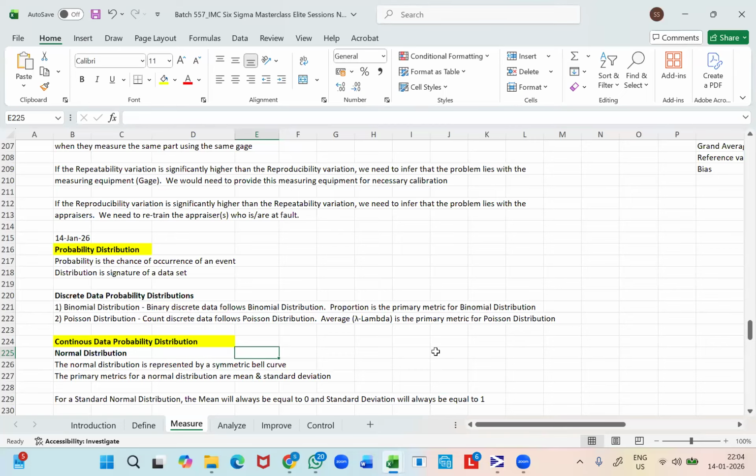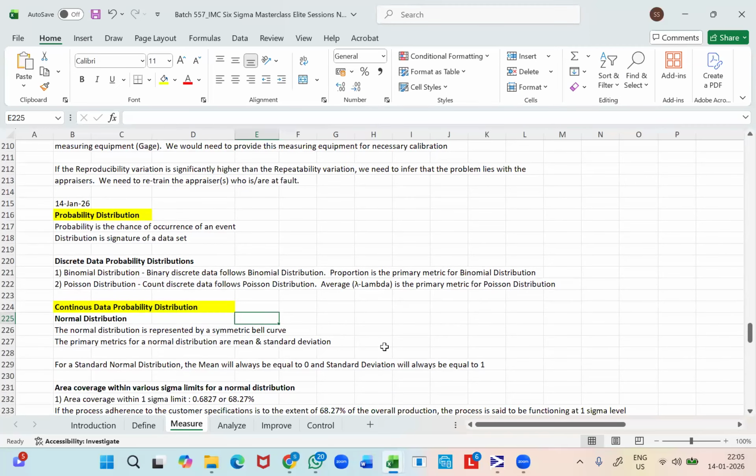Most of the data distributions will be normal, right? If you have a continuous data set, unless and until we find some outlier in the data set, which will be an exceptional scenario. The ideal scenario is that we will always consider the process to be influenced by common cause variation alone, and the data distribution also will be normal. So normal distribution is a very famous continuous data distribution.